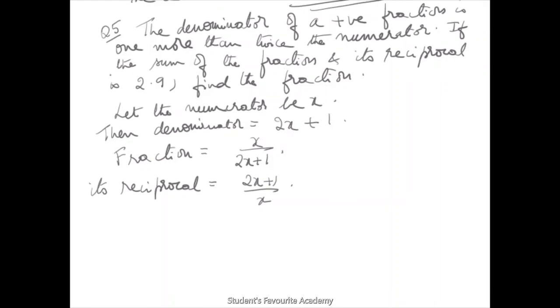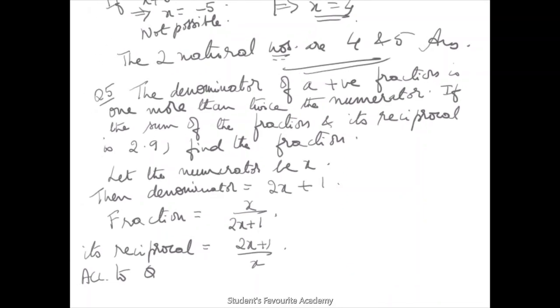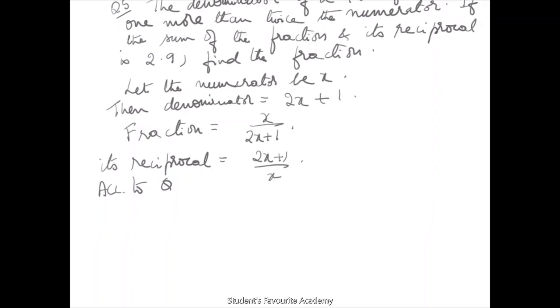Now according to the question, if the sum of the fraction and its reciprocal is 2.9. So that means the sum of the fraction and the reciprocal, according to the question, x upon 2x plus 1 plus 2x plus 1 upon x is equal to 2.9.